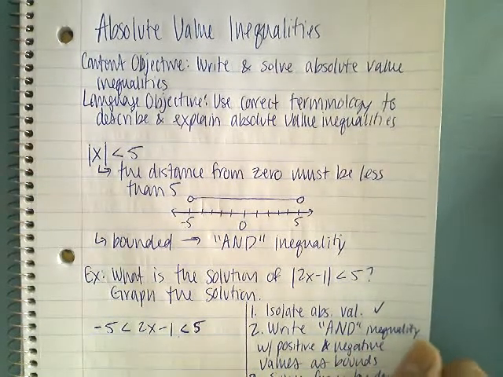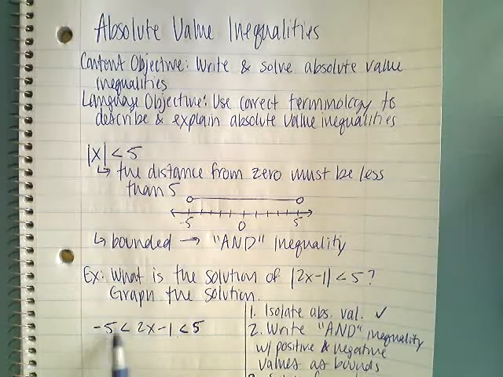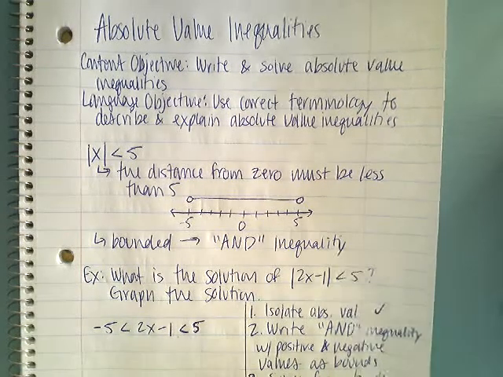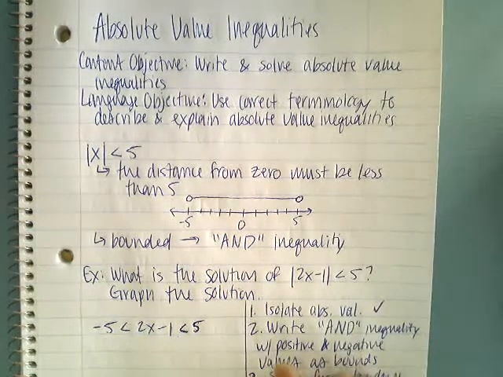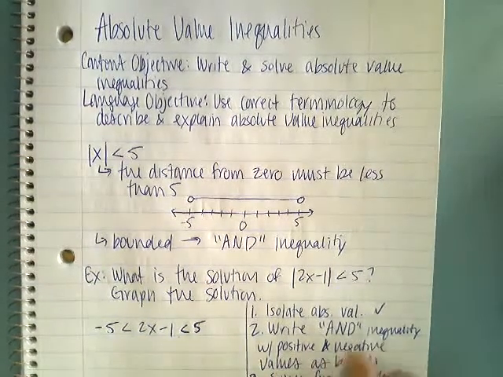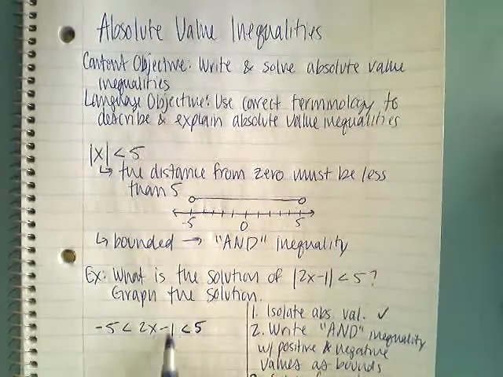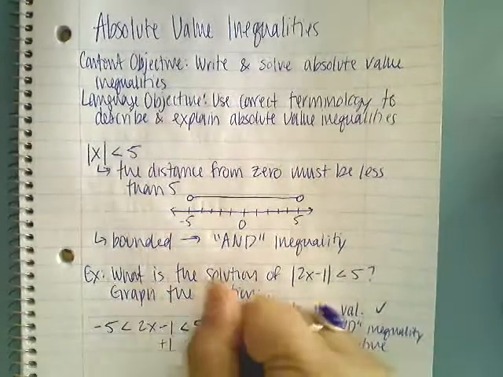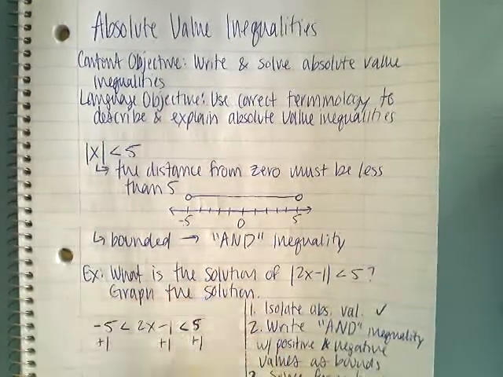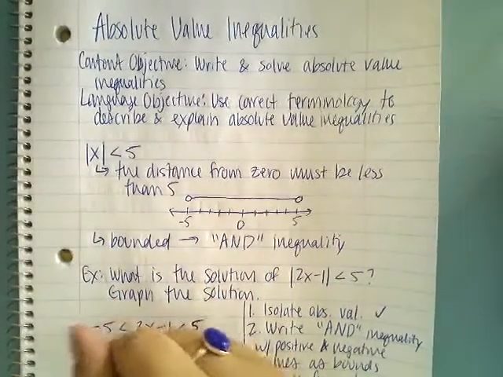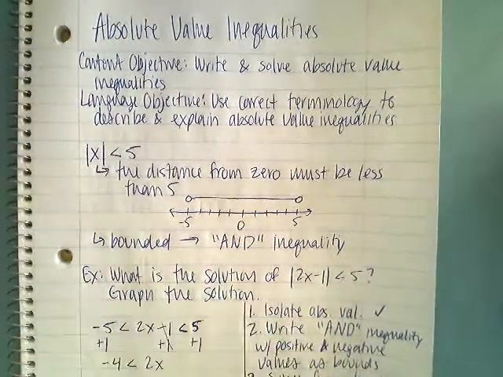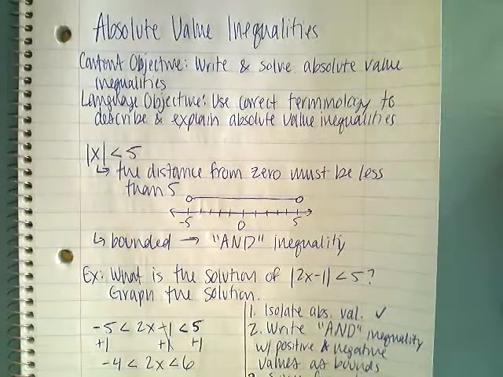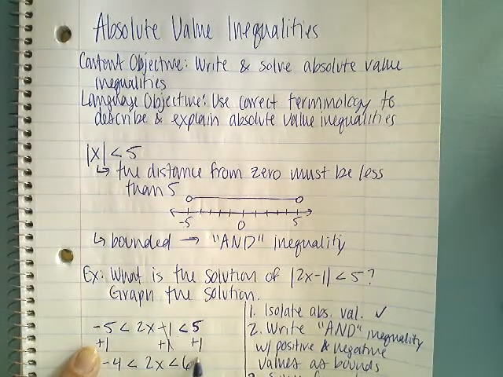Or in this case, because there are 3 sections, there's this side, the middle, and the far right, we're going to do the inverse operation to all parts. So if I'm trying to get x by itself, I know I need to move 1 first. So I'm going to add 1 to all 3 parts here. So then I end up with -4. The 1's cancel here, so I have 2x and 6. So I added 1 to all 3 parts.